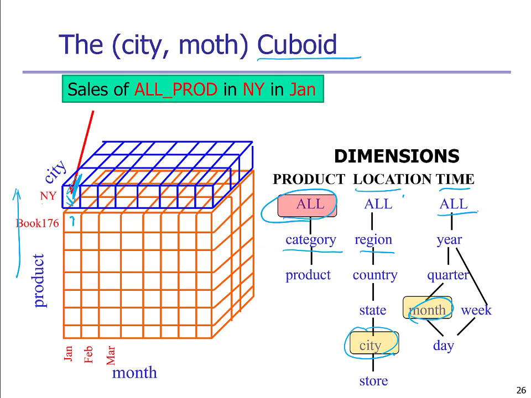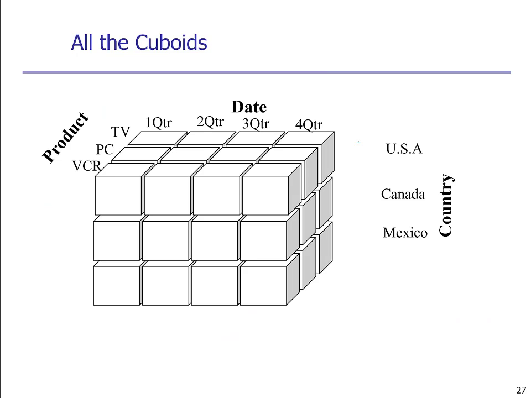So the next question would be, how many cuboids do we have in total if we consider all the levels across all the dimensions, right?